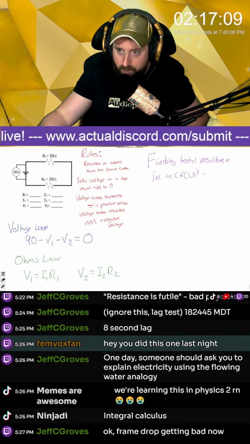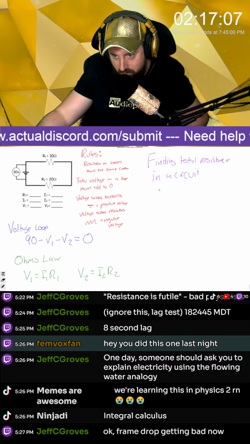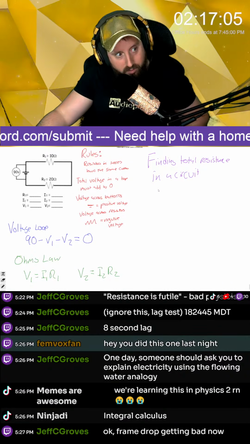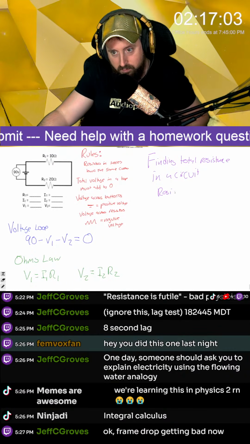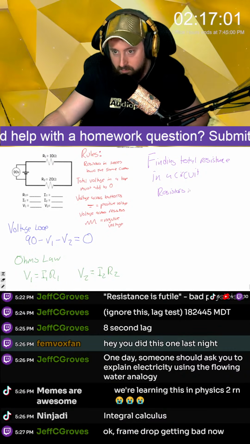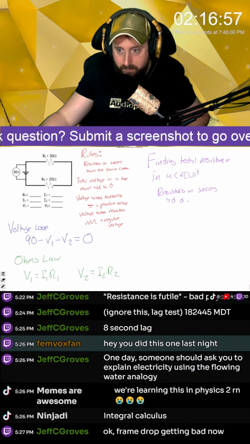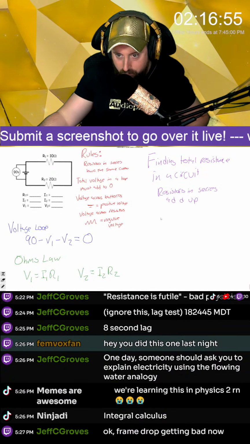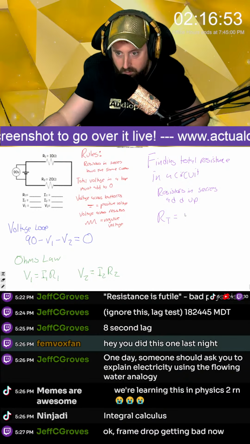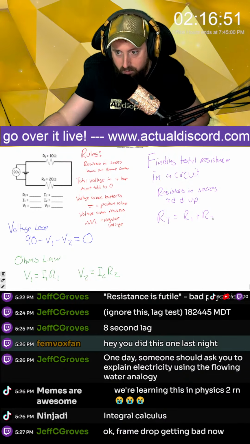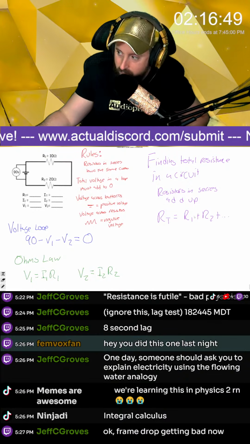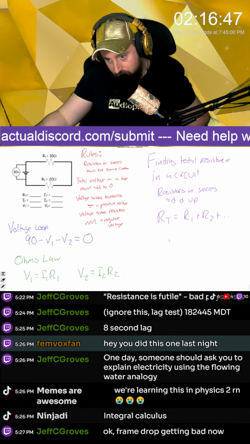Okay, so finding total resistance in a circuit: resistors in series add up. For instance, R total is just equal to R1 plus R2 plus whatever the other resistors are. This is for resistors in series.